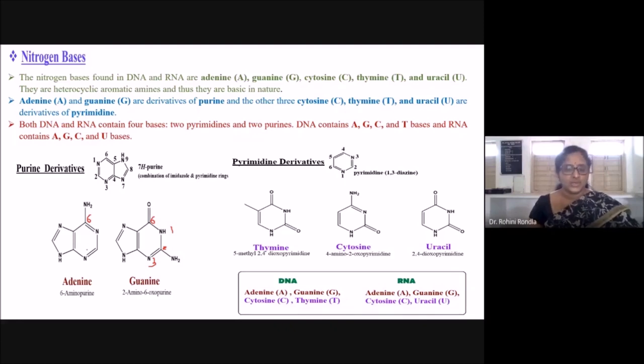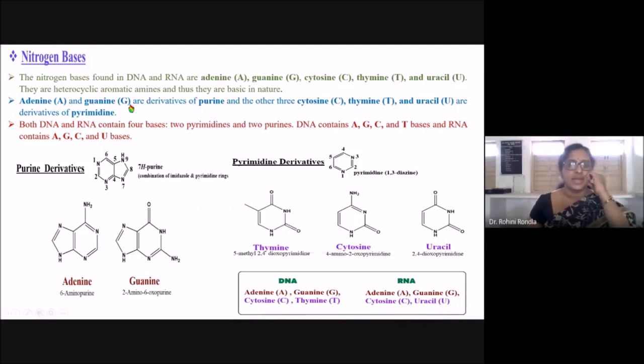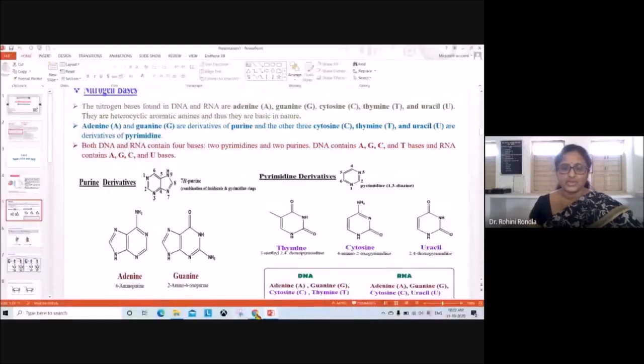So these two nitrogen bases are derivatives of purine. See, adenine and guanine are derivatives of purine, and the remaining cytosine, thymine and uracil are derivatives of pyrimidine. I think someone is trying to join. Let us see.